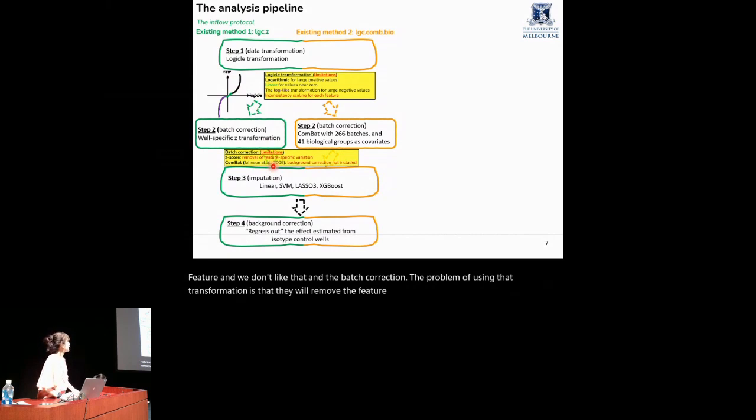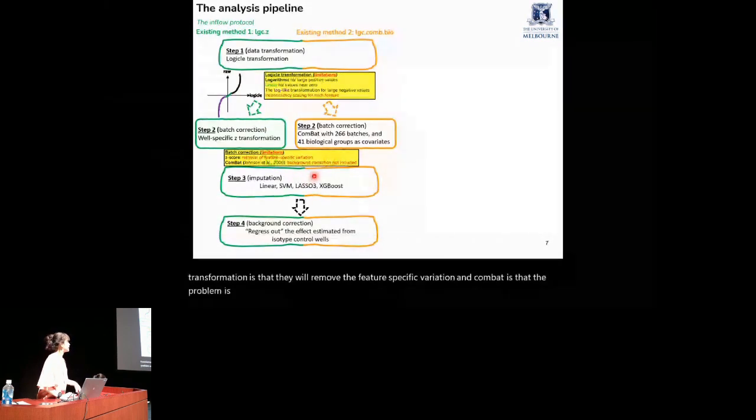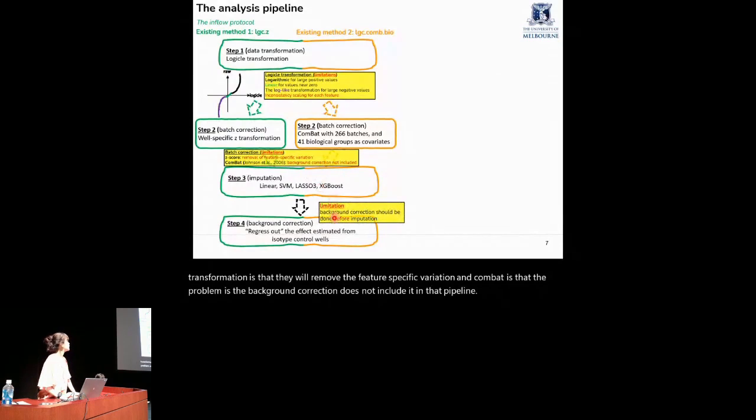With ComBat, the problem is that background correction is not included in that pipeline. And finally, the problem of doing background correction after imputation is that imputation will introduce uncertainty. So if we do background correction after imputation, it's not the ideal way to do that.